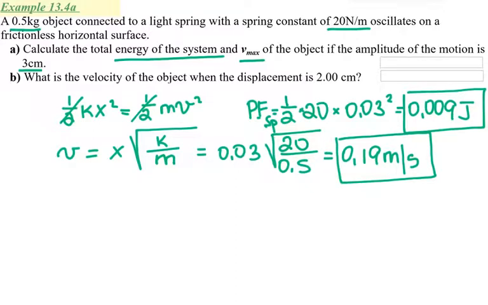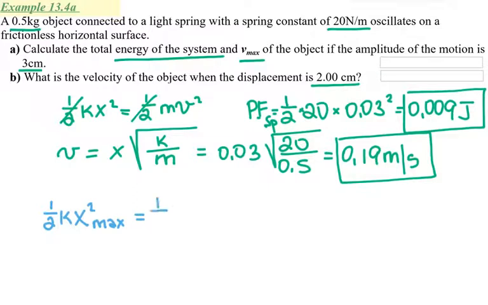And what is the velocity of the object when it's displaced only 2 centimeters? In this case, we will have again initial potential energy of the spring, 1/2 k x squared, so that's the maximum displacement, which is 3 centimeters. And all this energy is going to be converted to the potential and the kinetic energy of both the spring and the mass.